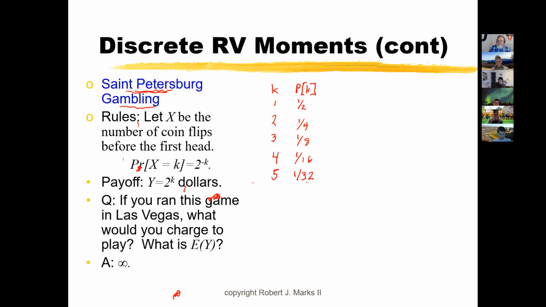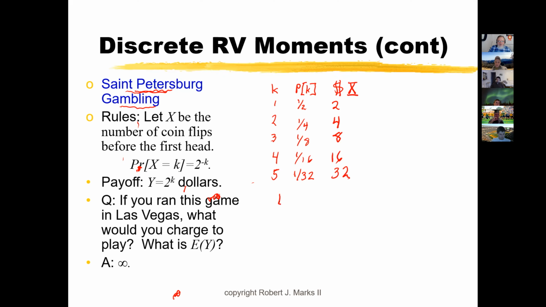Is that right? That's the probability of this occurring. What is the dollar payoff? The dollar payoff is going to be 2, 4, 8, 16, 32. That's going to be the dollar payoff. So this is the random variable that we're talking about.